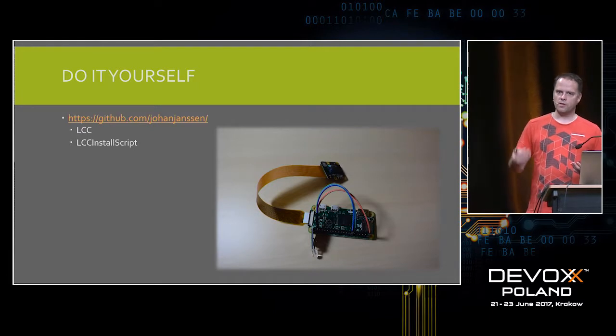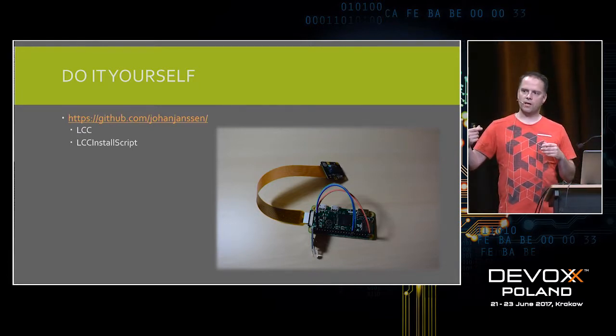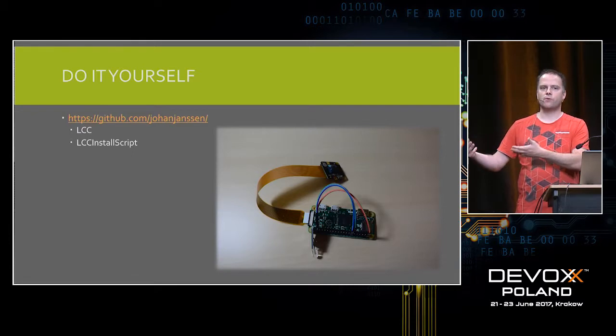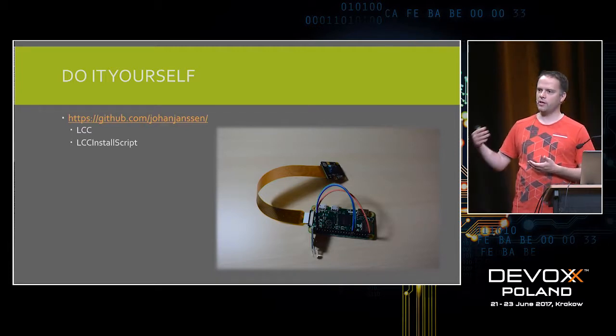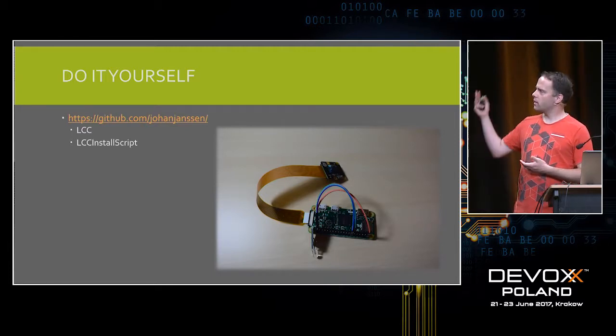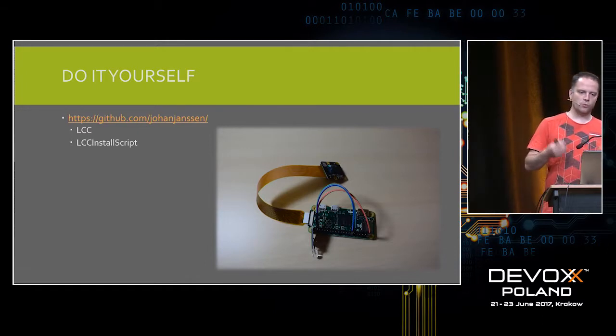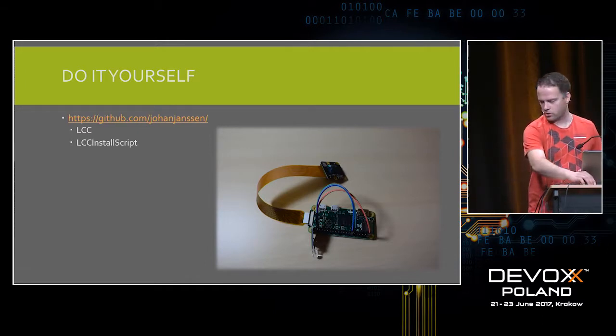And what the script does, it basically uses a Raspbian image, or you have to install Raspbian on a Raspberry Pi, run the script, and then it will install all the modules, set up the kernel, and everything that is necessary to get started. And then you can run the LCC application, which will expose a REST endpoint. And we'll show you how that works.